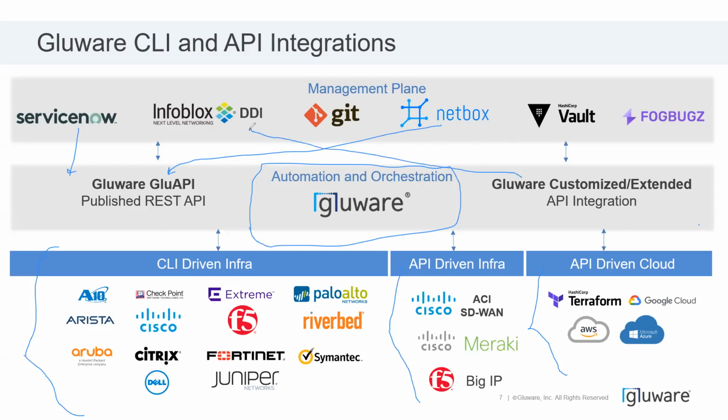That would be a custom integration, and Gluware would pull an IP or pull something else like a piece of code or configuration from Git, so this is where Gluware is interacting with the management plane via APIs, and it's done either via our published API or via custom integration that we can do for you or you can do yourself through Gluware Lab.